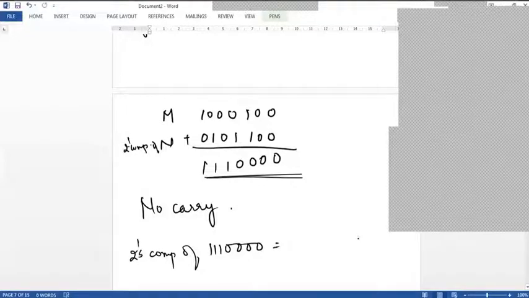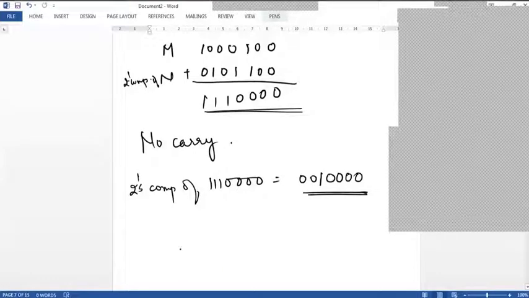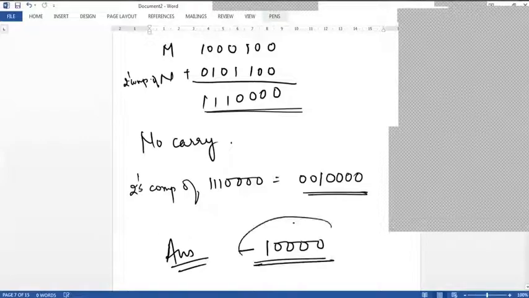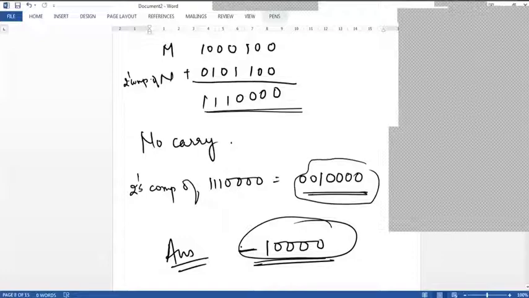Write 1 2 3 4 1 as it is, and flip the two behind. This is the 2's complement of this. And what would be my final answer? Place a negative sign. The number I got, I will put a negative sign in it. That would be my final answer.